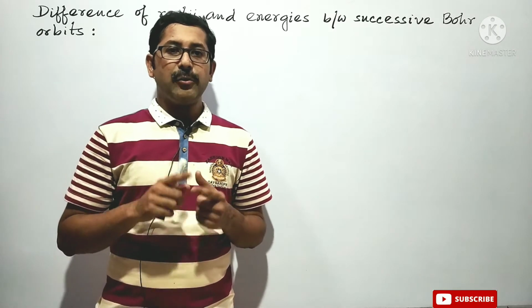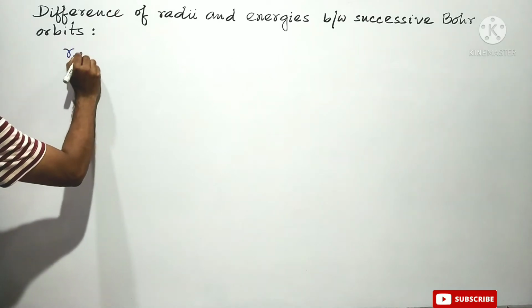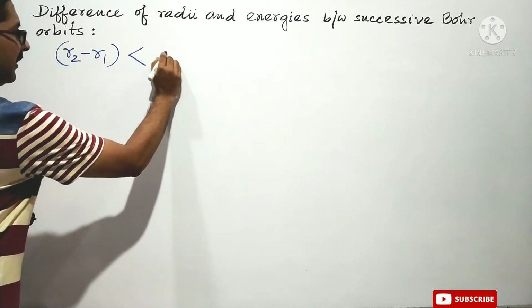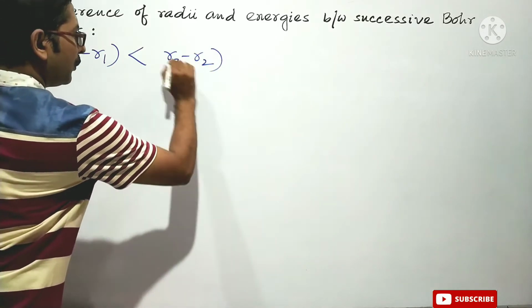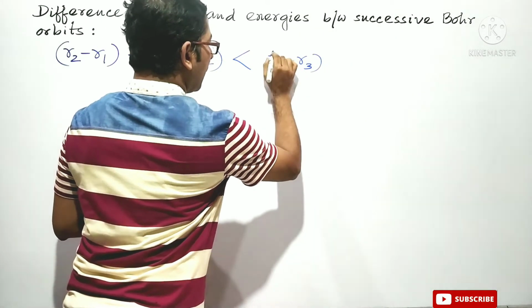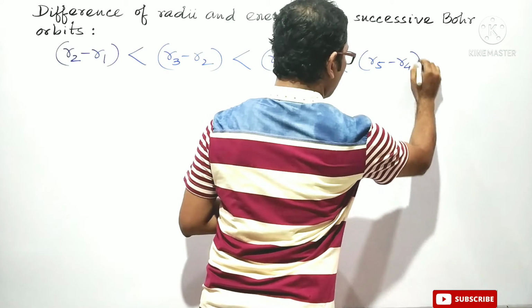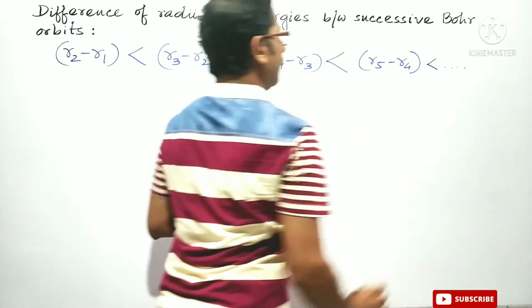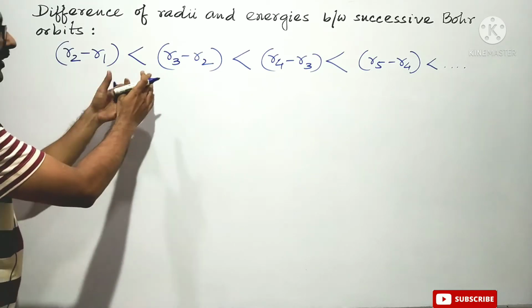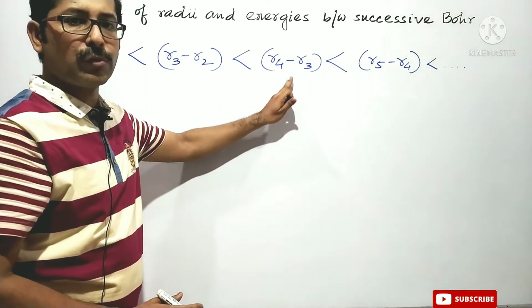The conclusion we can draw is that the difference in radius between two successive orbits, R2 minus R1, is less than R3 minus R2, which is less than R4 minus R3, which is less than R5 minus R4, and so on. So the difference in radius between the second and first orbit is less than that between the third and second, which is less than that between the fourth and third, and so on.